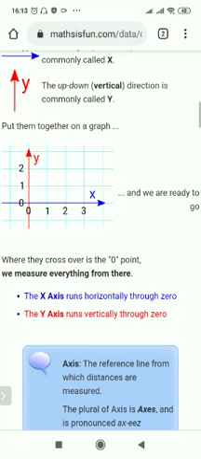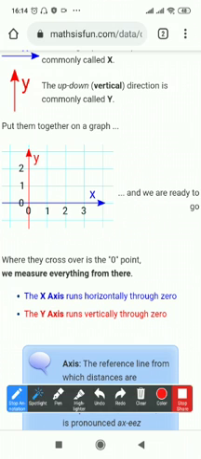We call them the x-axis and y-axis. The x-axis runs horizontally through 0 and the y-axis runs vertically through 0. The y-axis runs vertically up and down, and the x-axis goes right and left.